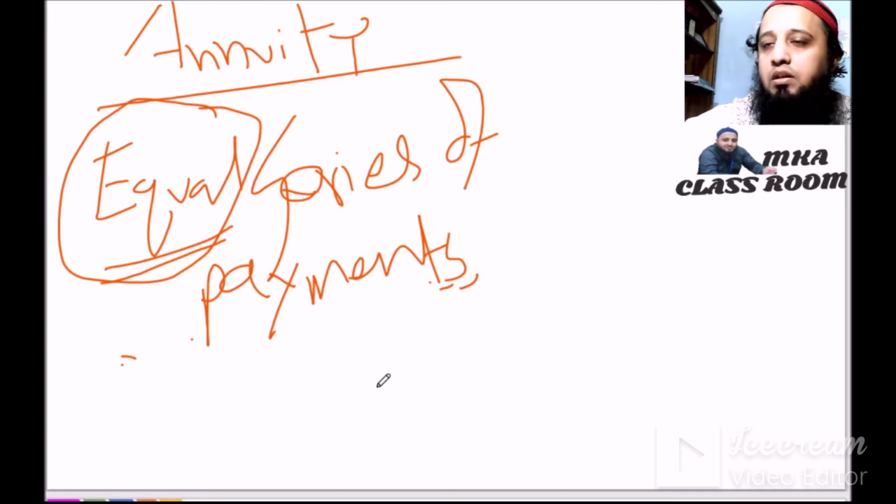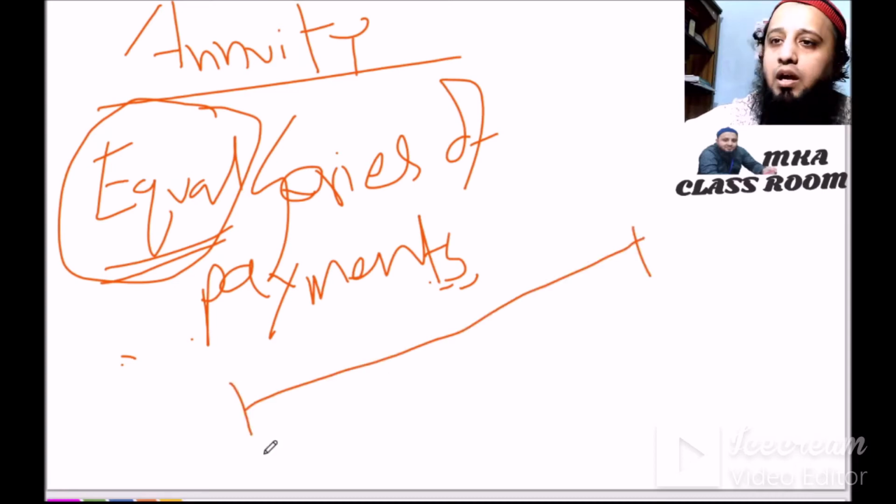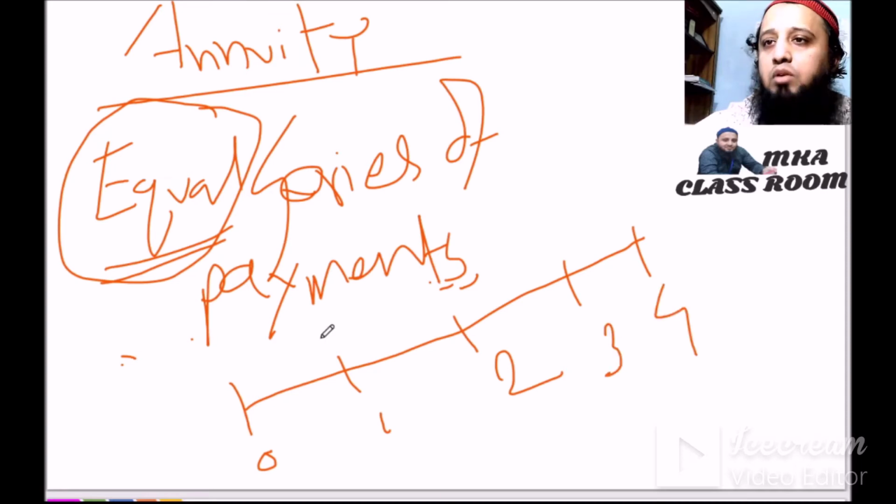Here we can see our timeline 0, 1, 2, 3 and 4. Suppose this is a 4-year period. Payment should be equal, like each year 100 taka.